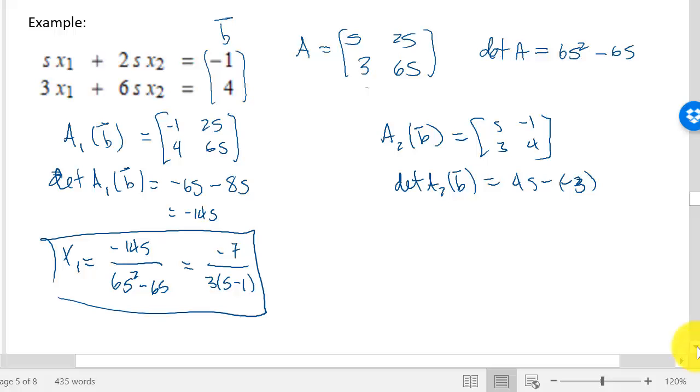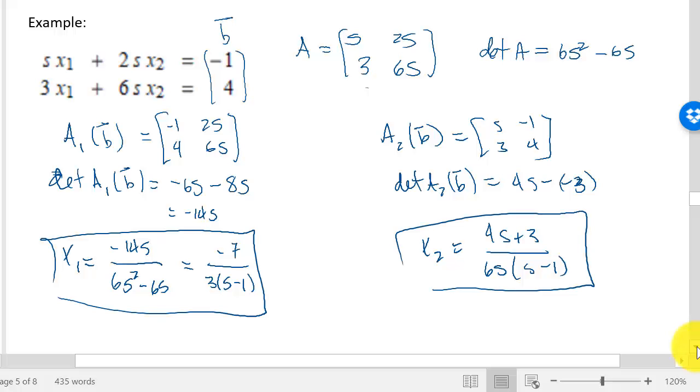So that's 4s plus 3. We have our x2 solution, 4s plus 3 divided by 6s times s minus 1.